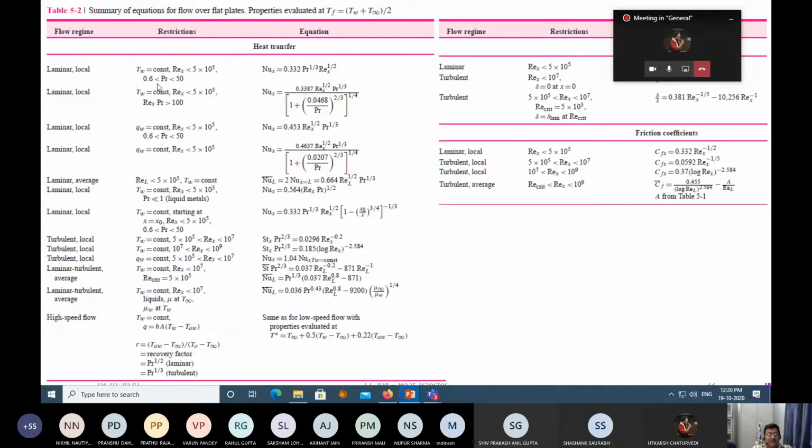So laminar, local, these are the typical restrictions, and you have the equation relating Nusselt number to Reynolds number. Turbulent, local, so you may have the Reynolds number. So you can see under different regimes, high speed flow, laminar, turbulent, we can define the Nusselt number, thickness of the boundary layer, and friction coefficient in many different ways.